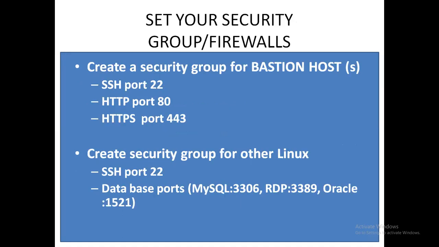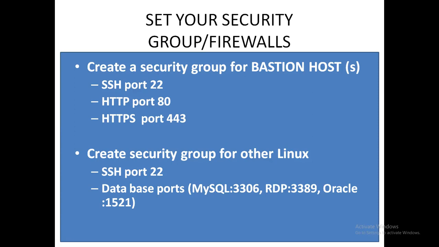Then we'll do the security group of the BASTION host. The security group is going to have SSH port 22, HTTP port 80, HTTPS port 443. Then we're going to design the security group for the other instances.